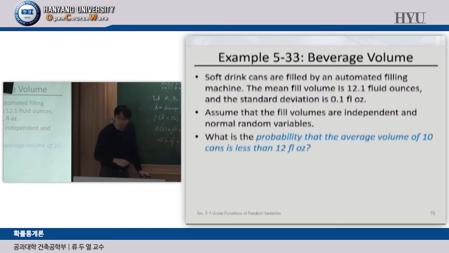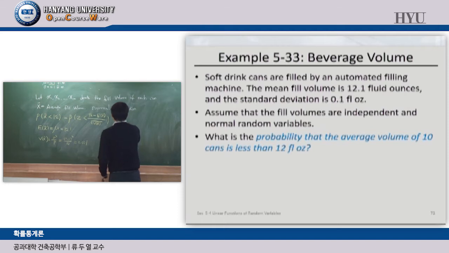And the variance of x bar is equal to 0.1 square over 10, because n is the total number of variables. So this is equal to 0.001.